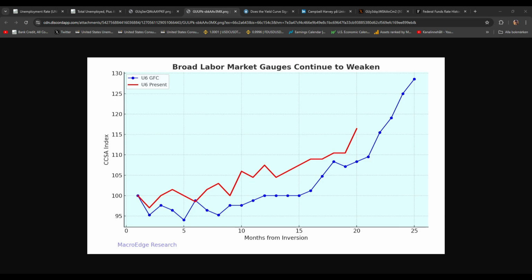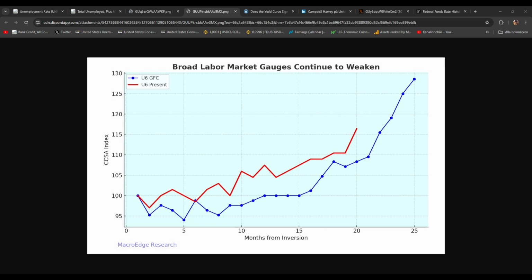Based on the way things are looking right now, it's looking like at the very latest, late 2025, early 2026, I will become a perma bull. But unfortunately, people have to lose their jobs first, and that process is playing out right now, but it hasn't gotten really bad yet.